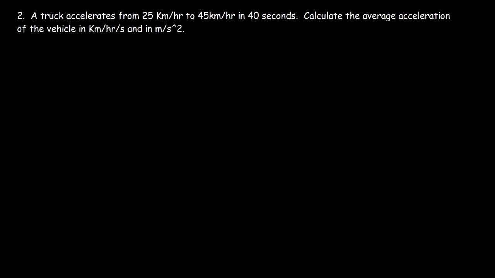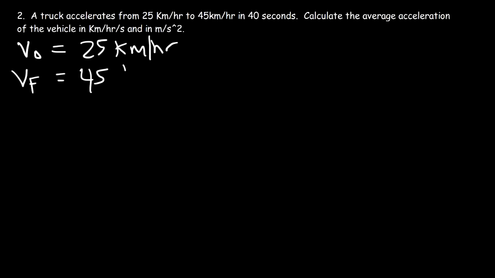So just like before, we're going to make a list of what we have and what we need to find. So what does the 25 kilometer per hour value represent? So that is the initial speed of the vehicle. Now we know that the final speed has to be 45 kilometers per hour.